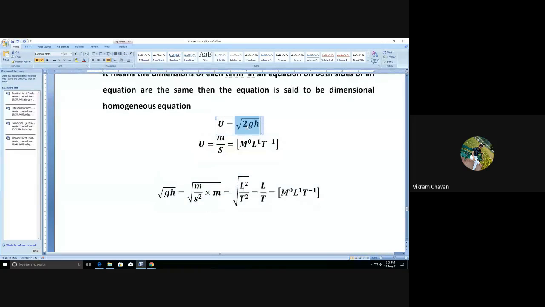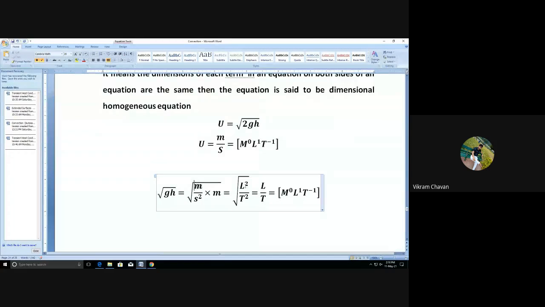In a similar fashion, consider the dimensions of under root of 2gh. Under root of 2 is a constant, so it has no dimensions, and we take the under root of gh. g is acceleration due to gravity, with unit meter per second square, and h is height, with unit meter. The dimension of meter is length, L. So L times L becomes L raised to 2, and second square in the denominator gives t raised to 2.